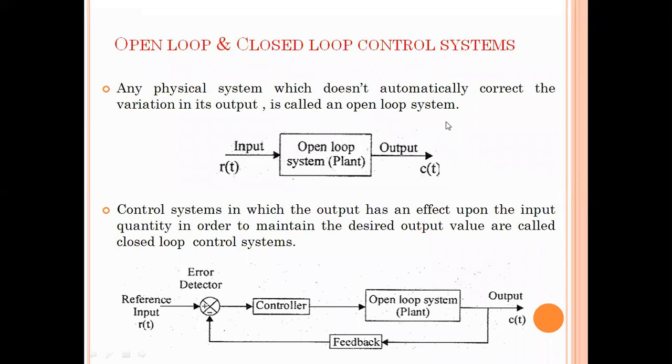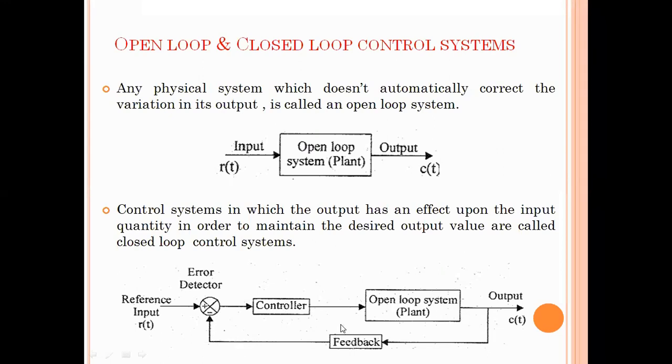where that feedback path is absent in the open loop control system. Because of this feedback, you can see the arrow directions here. We are starting from this point. Now you can see the arrow direction is like this, and it is coming back like this. So it is forming a closed loop.